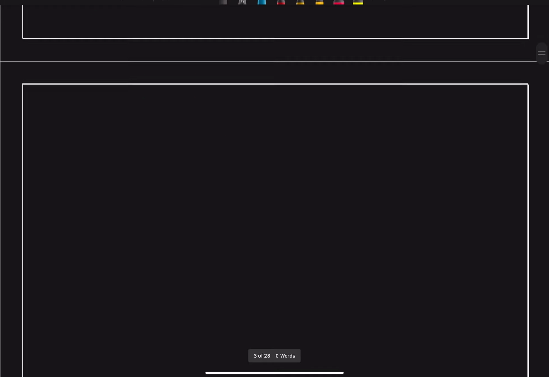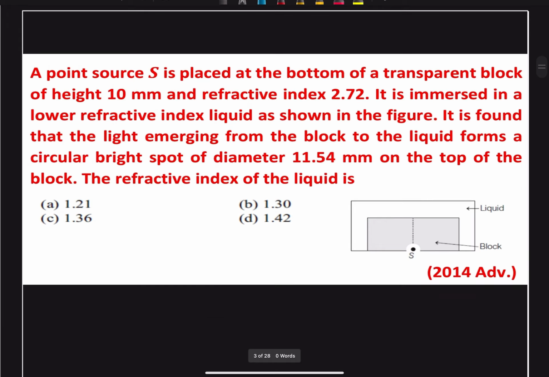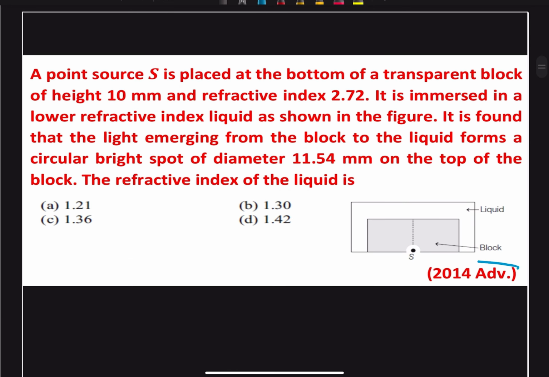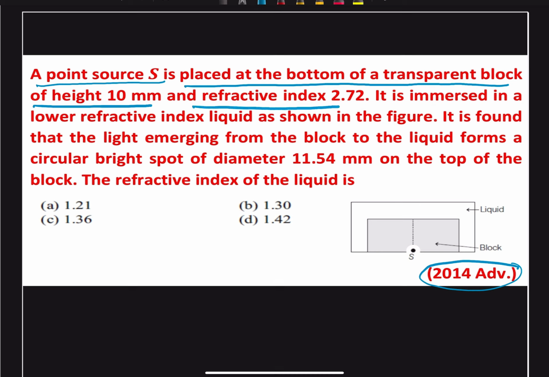So we come to the next question, and here it was asked in the 2014 advanced, and it states that a point source S is placed at the bottom of the transparent block of height 10 mm and refractive index 2.72.